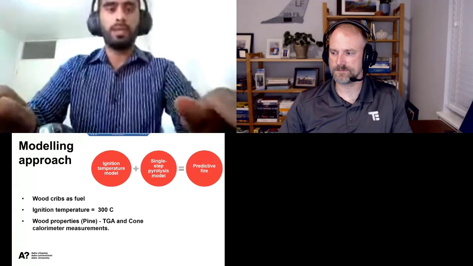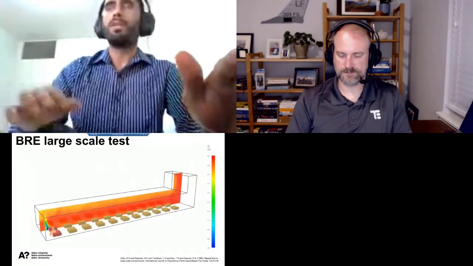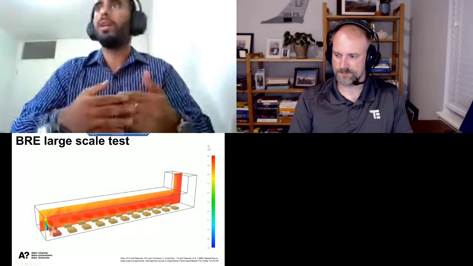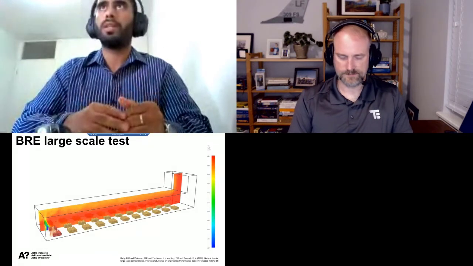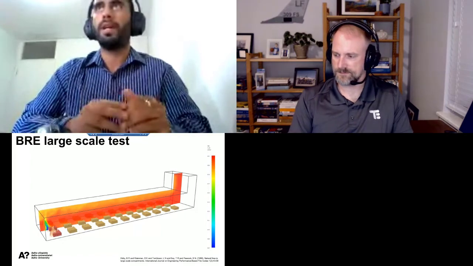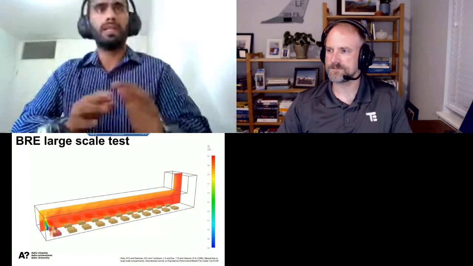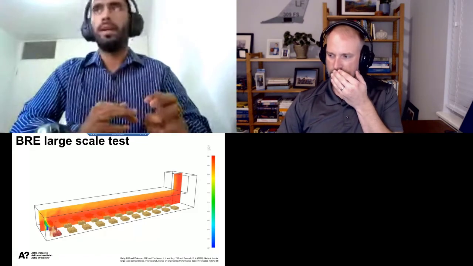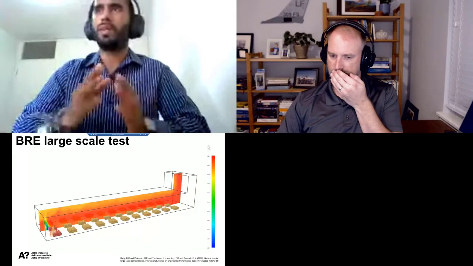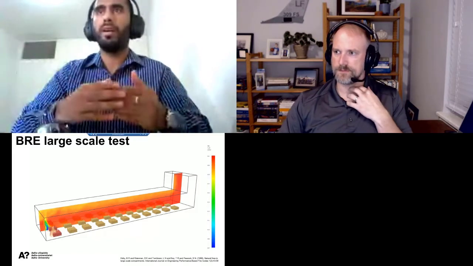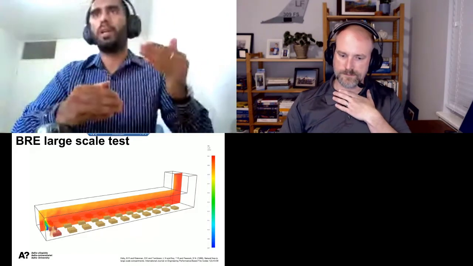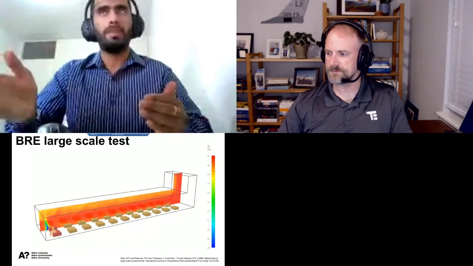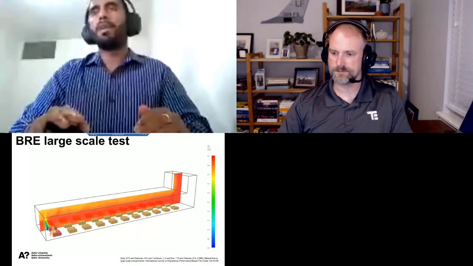So what does a simulation look like? This is a video of a simulation that we performed, and it's based on experiments from the BRE large-scale experimental facility at Cardington. It was done by Kirby et al. in 1999. They had a 23-meter long compartment, 5.6 meters wide and 2.8 meters high, and they arranged 11 rows of cribs along the compartment.